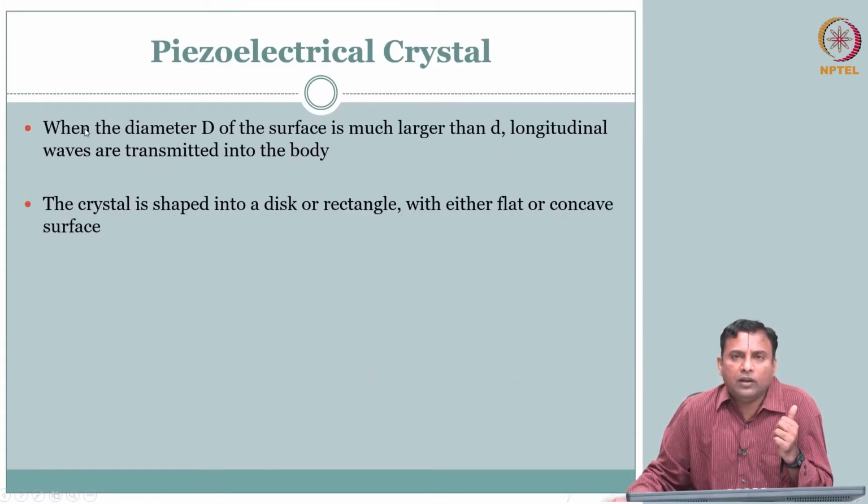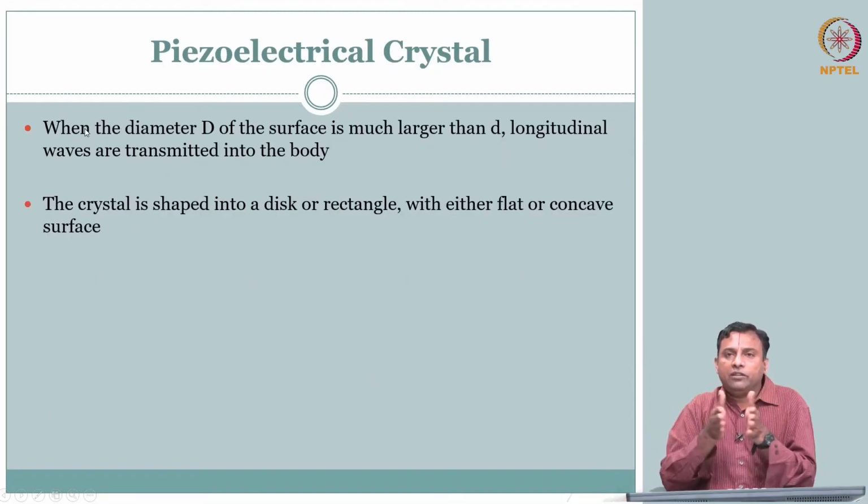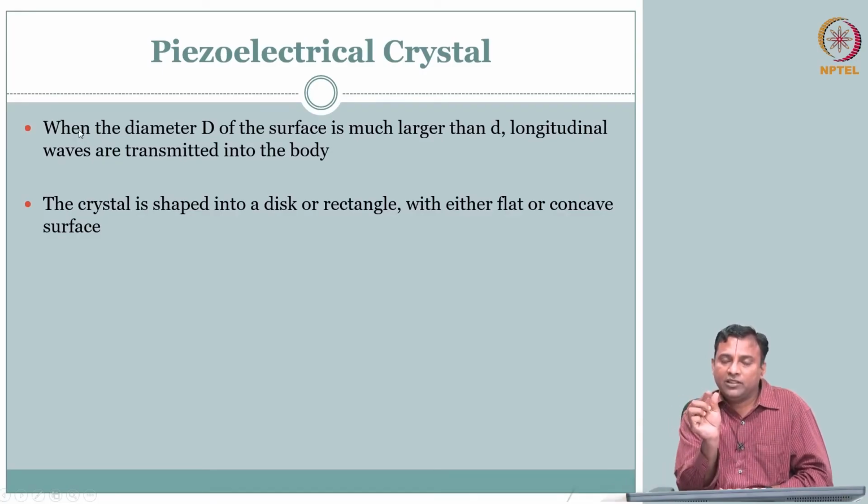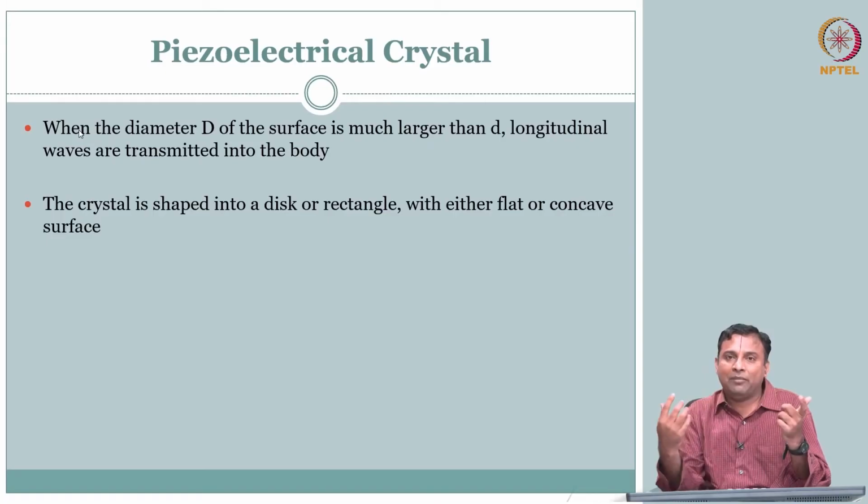So, what is our objective? Our objective is to create the plane waves that we talked about, right. So, thickness is one dimension. What is the other dimension? The size, right. If you call the thickness the z direction, because that is how we have been using it, then xy is the other dimension.